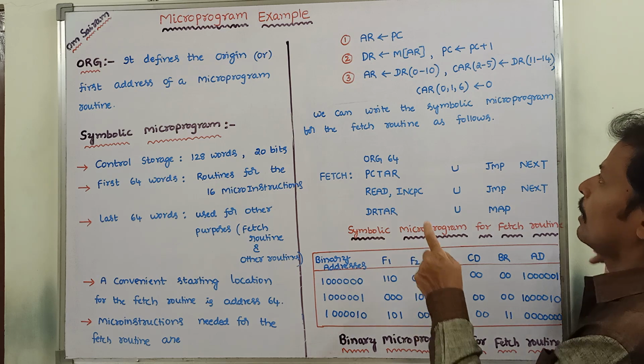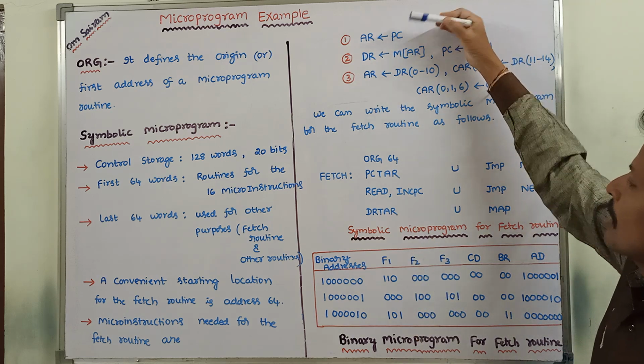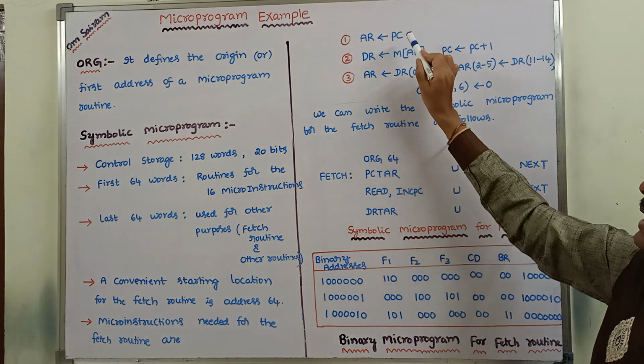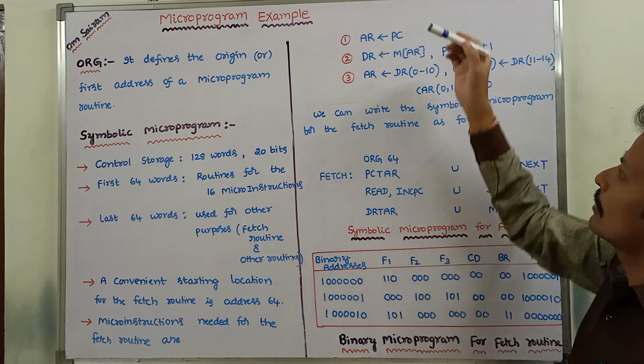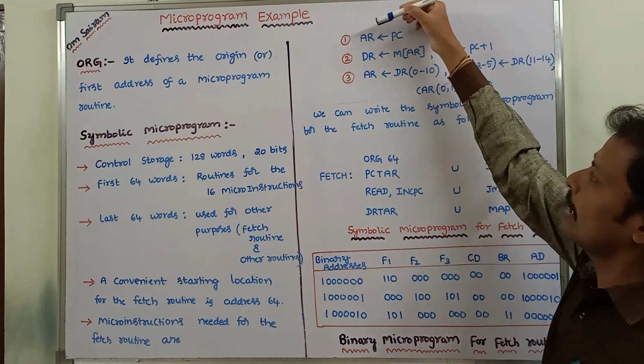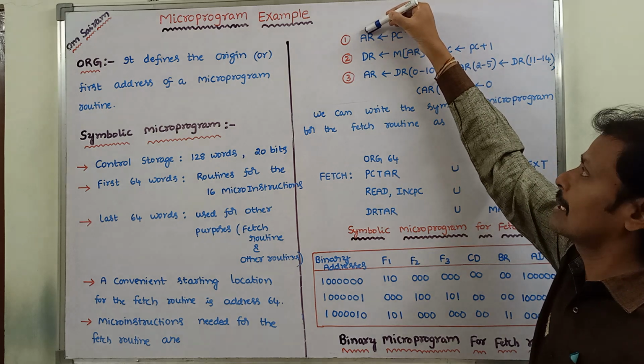Next one. So the first micro instruction is the content of PC is transferred to AR. The source register is PC. The destination register is AR.